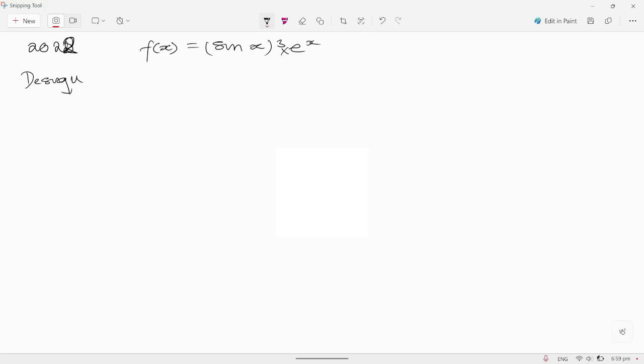So design: we are going to use internal variables. Our value for x is going to be pi over 4, which is basically easier to work with. And our upper limit is going to be defined at 20.